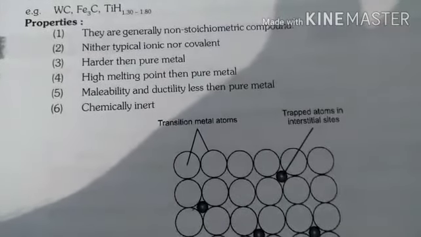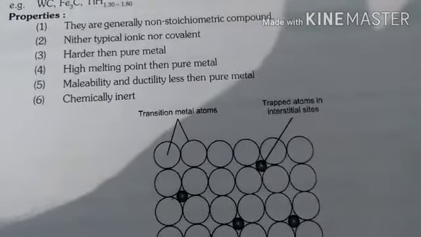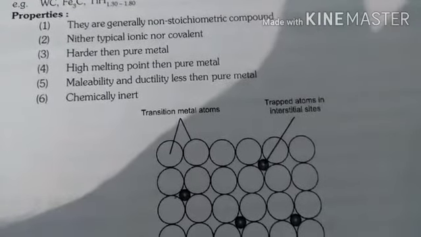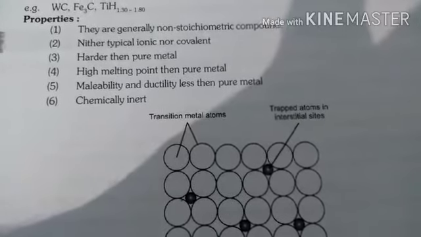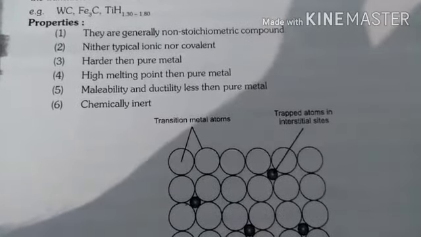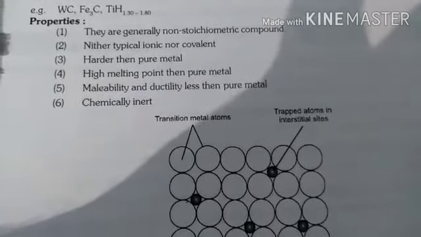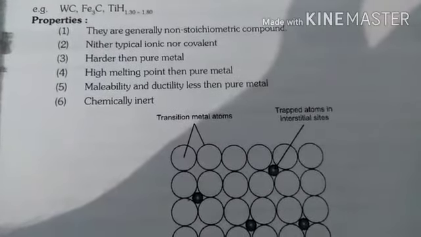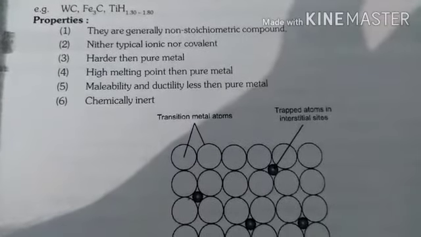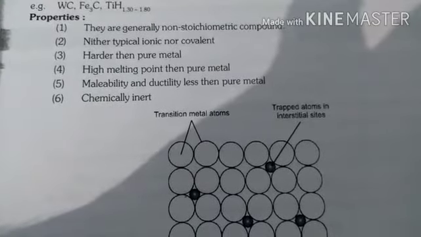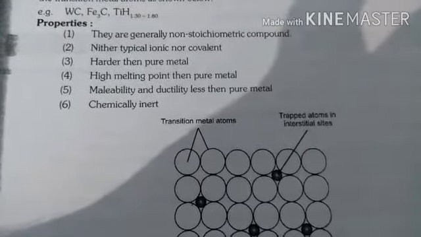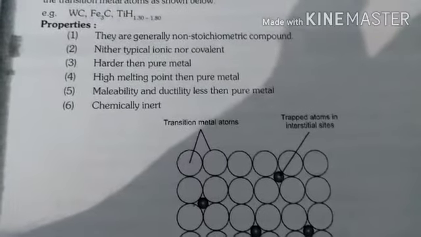So dear students, interstitial compounds are generally non-stoichiometric compounds, neither typical ionic nor covalent, harder than pure metal, with high melting point, malleability and ductility less than pure metal, and chemically inert.